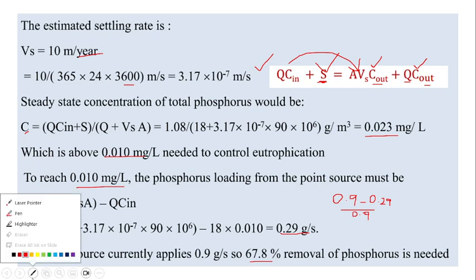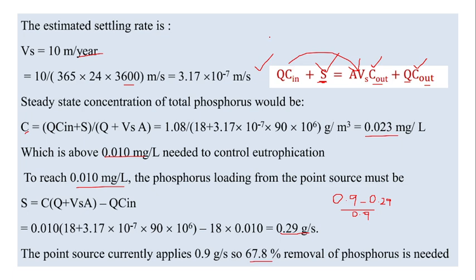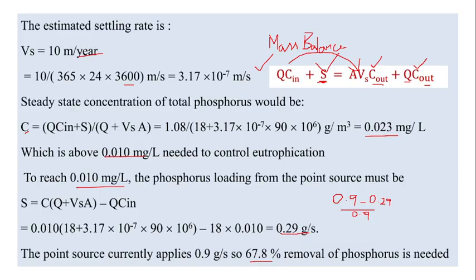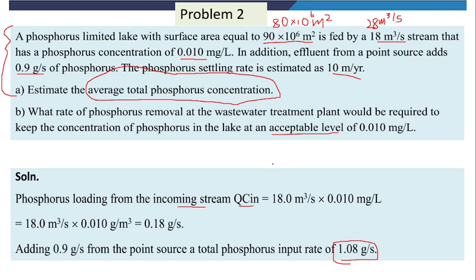We already know that this is the mass balance equation, right? In this equation, what you need to determine is the C out. So C out is equal to, you need to rearrange that equation.